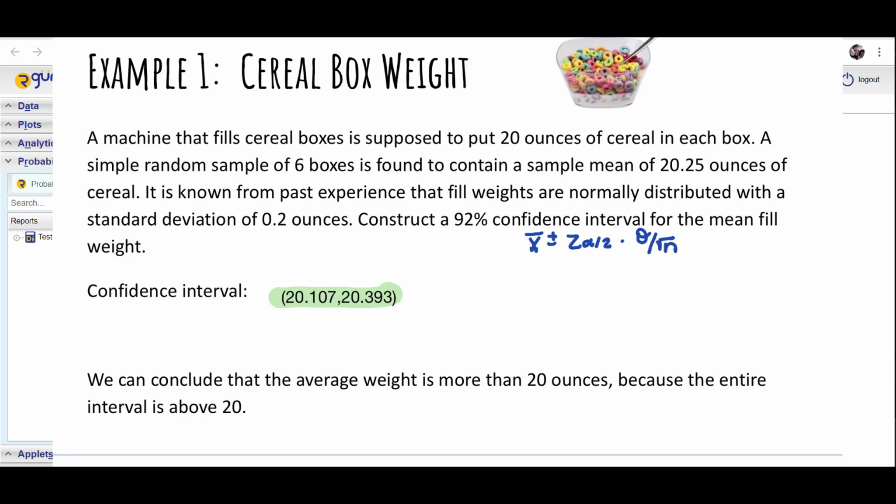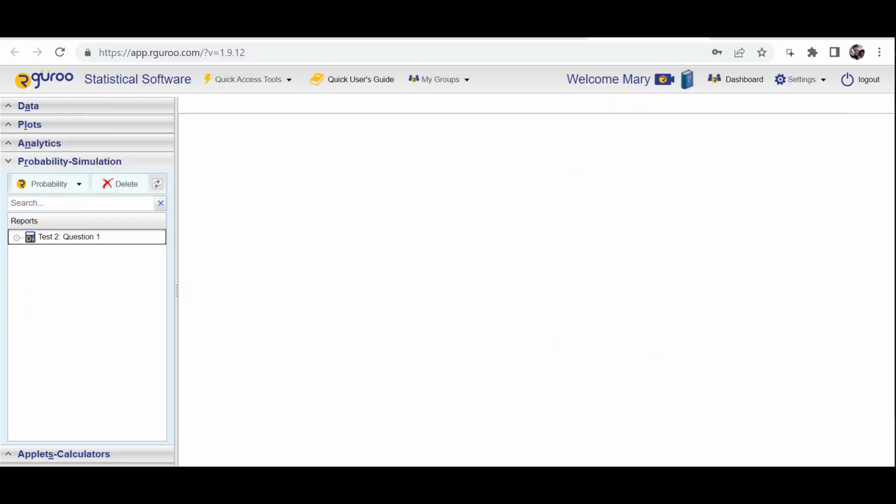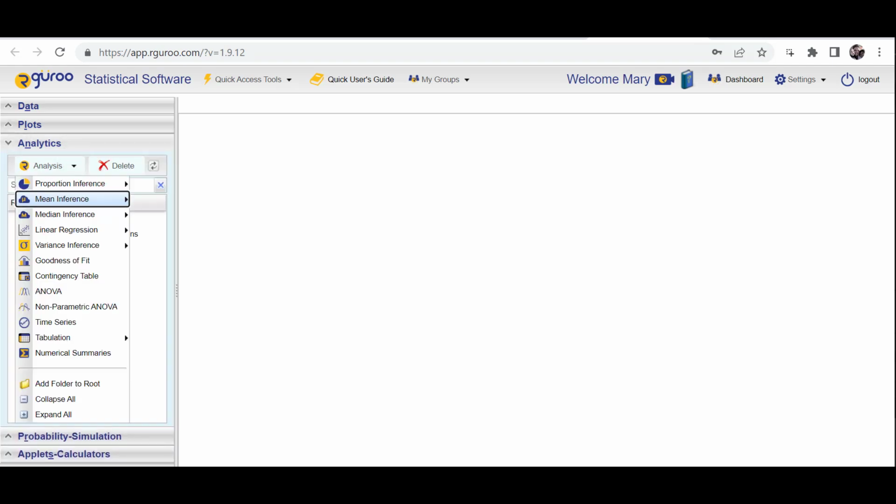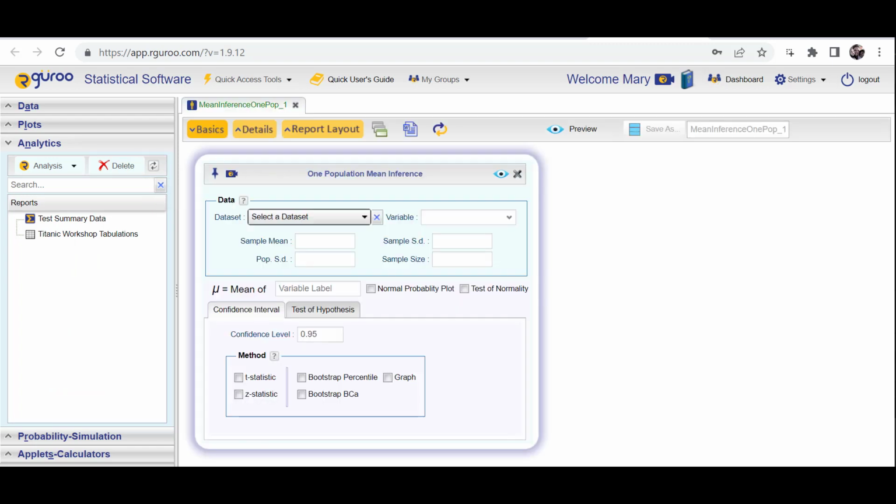The other way to do it is with Rguroo, and you can go to Analytics tab, click on the Analysis drop down, Mean Inference, choose one population. Sample mean was 20.25. The population standard deviation was 0.2, and the sample size was 6.